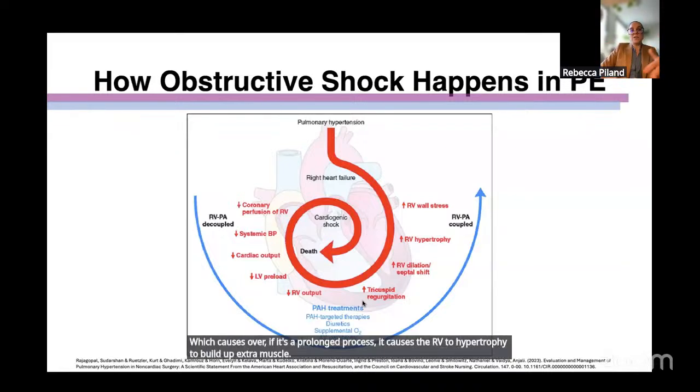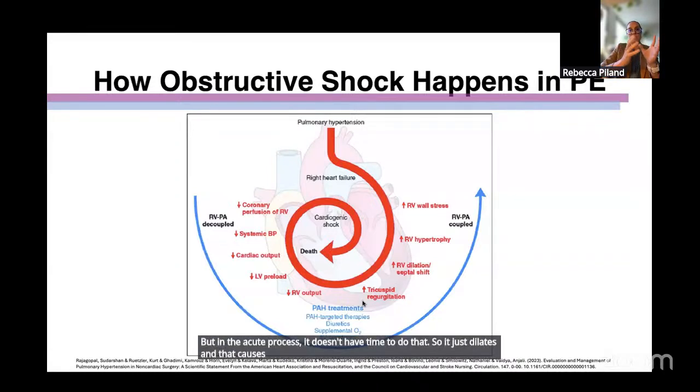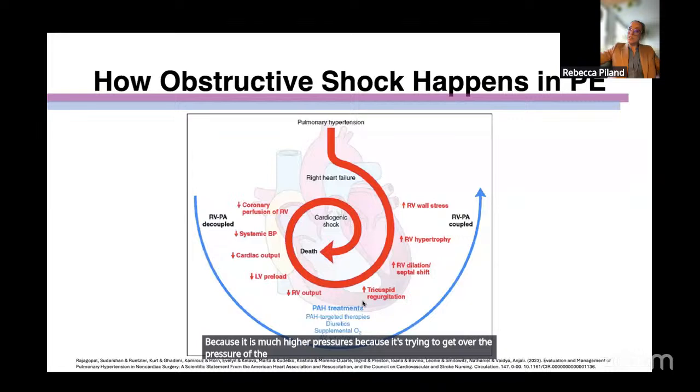But in the acute process, it doesn't have time to do that. So it just dilates. And that causes the midline of the septum to shift towards the left ventricle, because it is at much higher pressures, trying to get over the pressure of the afterload, as well as you still have preload coming in. So you get dilation.